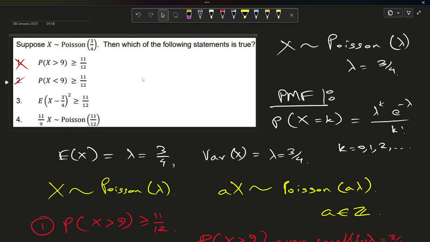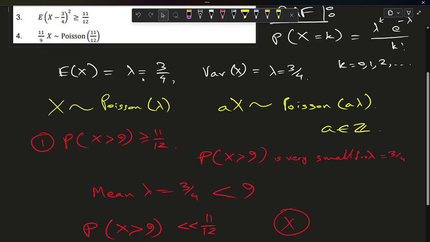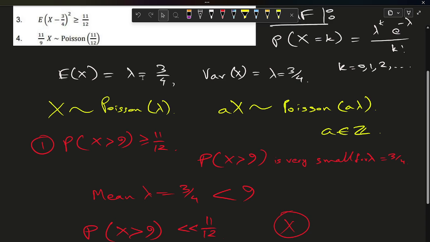Now we would have to find the expectation of x minus 3 by 4, but that is not needed, because 11x by 9, that is 11 by 9 into x, is said to be approximated by Poisson 11 by 12. The scaling property of a Poisson random variable does not hold for non-integer scaling factors like 11 by 9. So this statement is false.